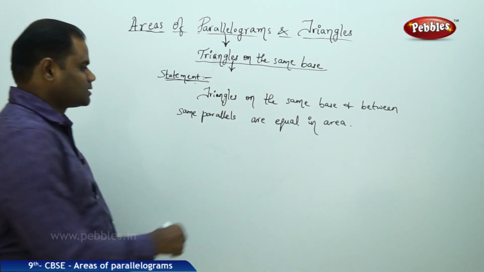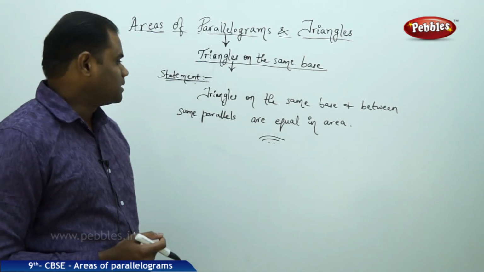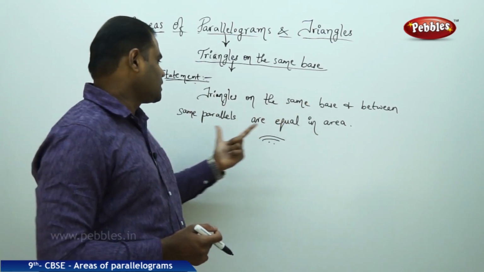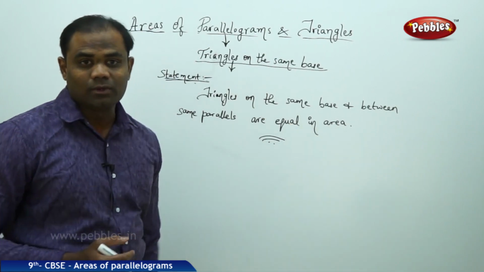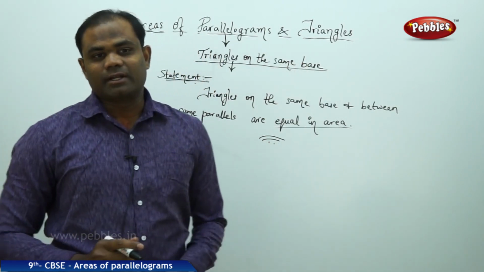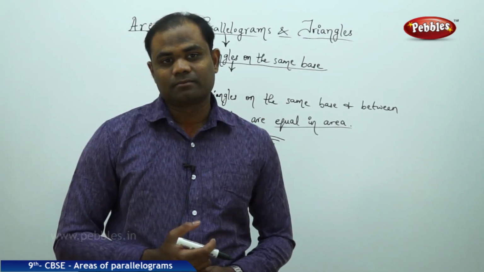That is how we understand the same base theorem. So the same base theorem says that if two triangles are taken on the same base and between the same parallels, they are equal in area.